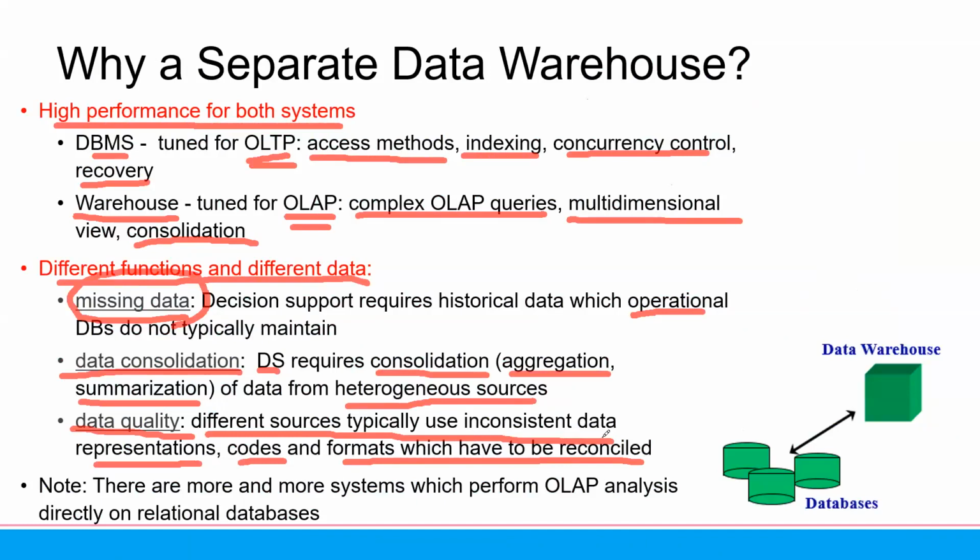So there is some inconsistency there, or maybe some Korean websites use the previous address. So that kind of quality issue will cause confusion in the data that you save. So the data warehouse should include this kind of operation, and in the operational system, they don't care.